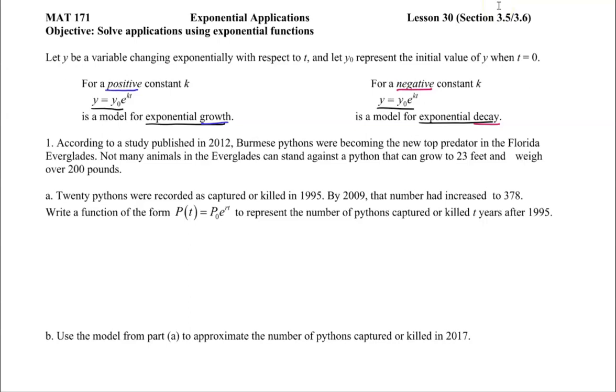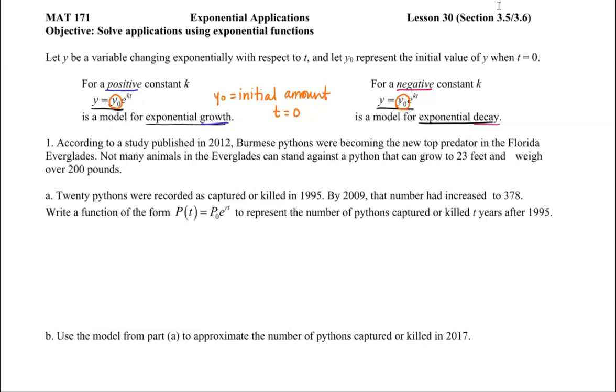Regardless of which we're dealing with, in both forms the coefficient y0 represents the initial amount, which is the amount when time is equal to 0.